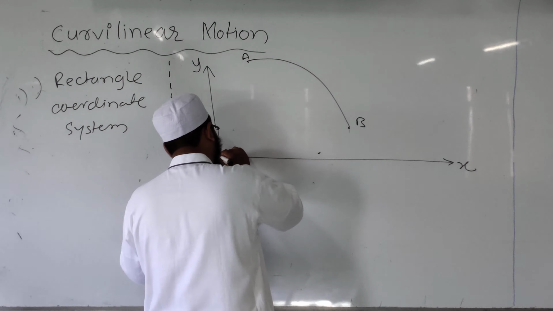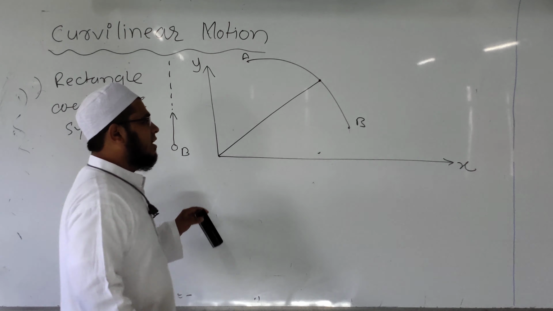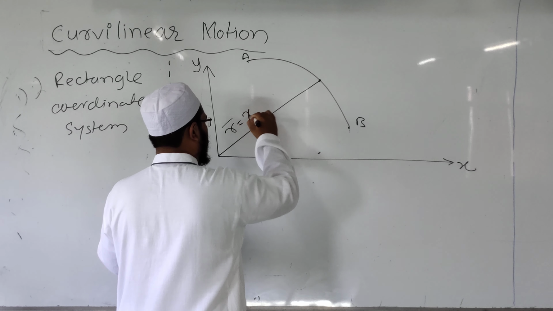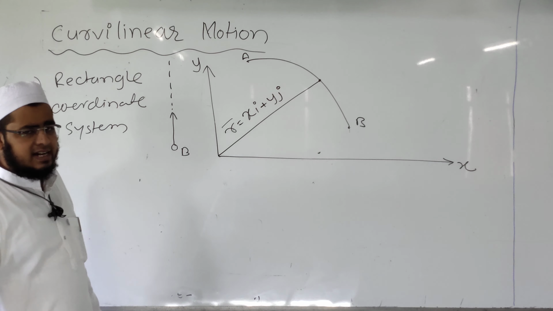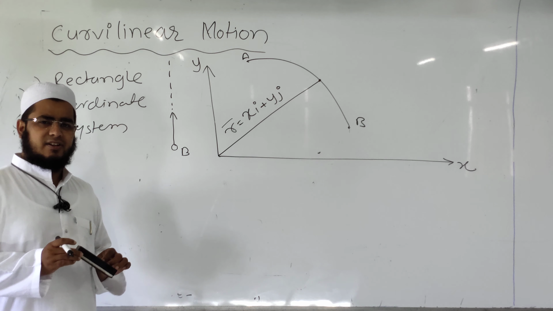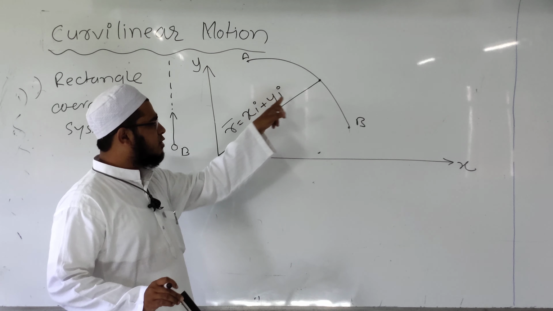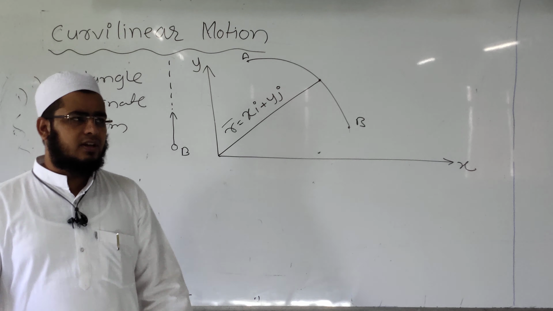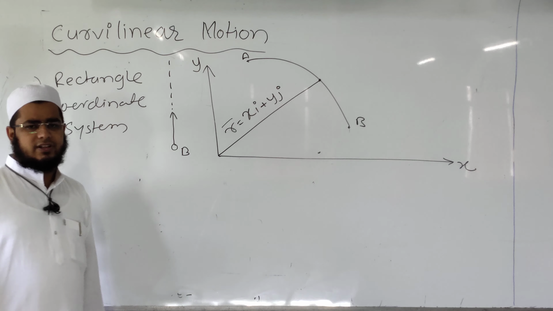So the position of this particle can be described with the help of the position vector r bar equal to xi plus yj, where i and j are unit vectors in x and y direction respectively, which we already learned in earlier classes, and x and y are the coordinates.